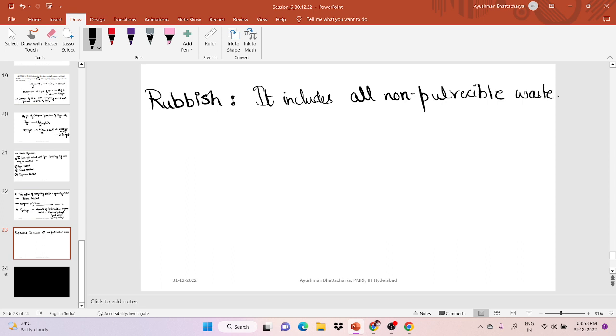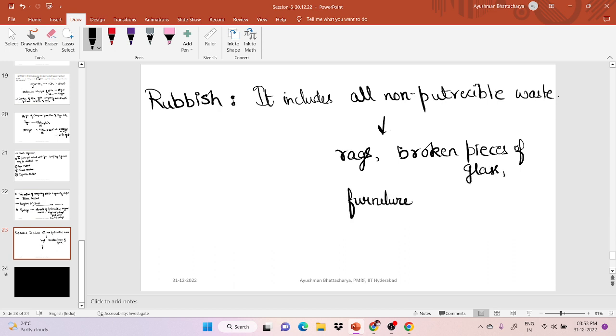Examples are rags, broken pieces of glass, furniture, cardboards. Okay, so this is very important. You should know about it.